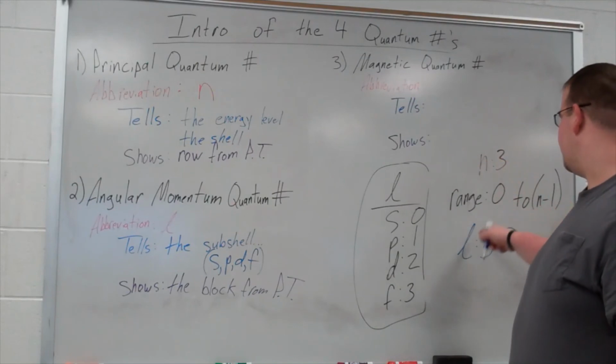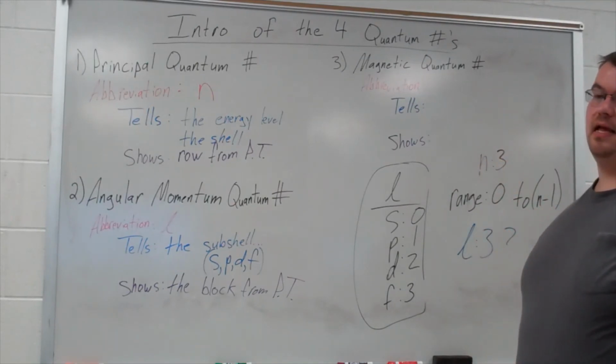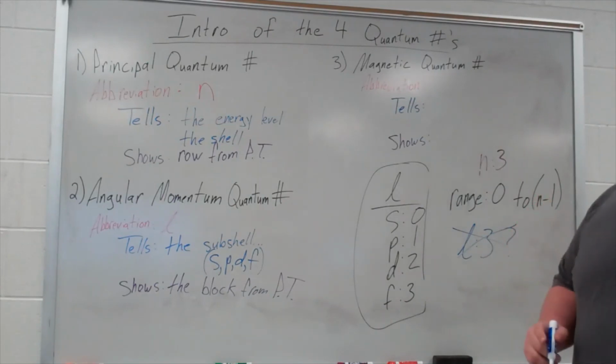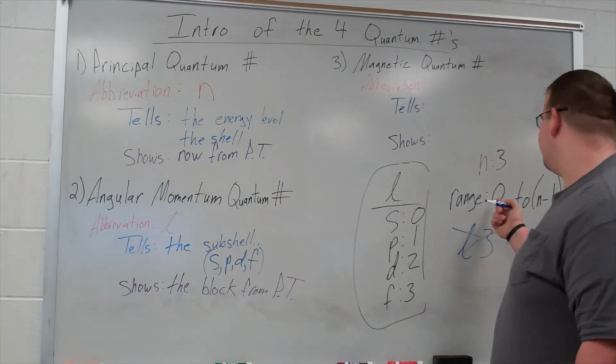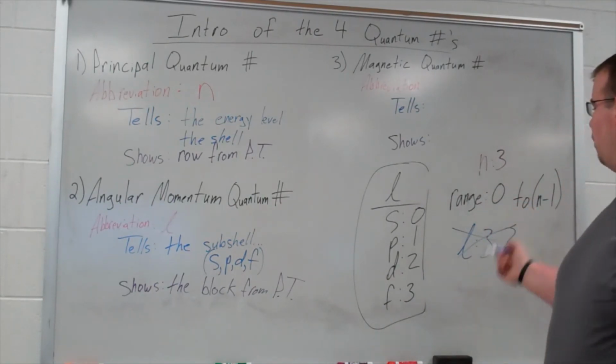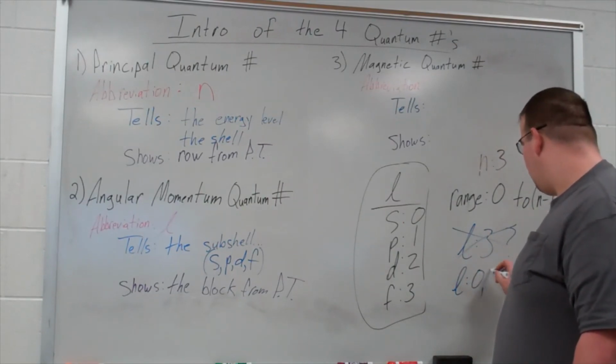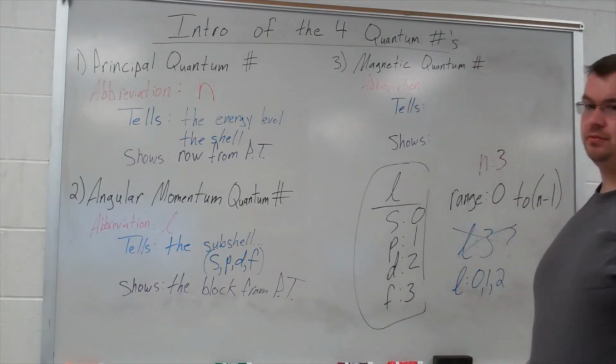So n is 3, can L be 3? The answer is no. That can't exist. Why? Because the range for L is from 0 to n minus 1. So what can L be? L can be 0, 1, or 2.